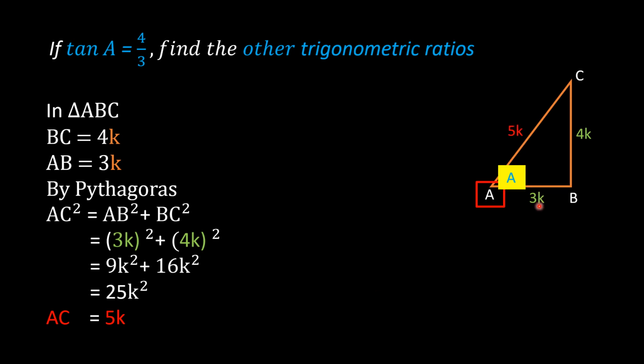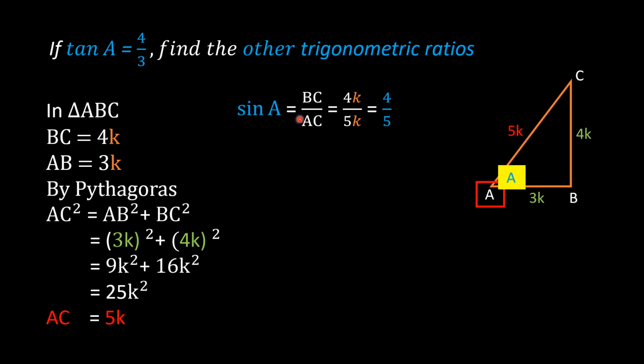Now we have all the three sides of this right triangle, so we are able to write the remaining 5 trigonometric ratios. We write sin A equals BC divided by AC, which is 4K divided by 5K, which will be 4 divided by 5.